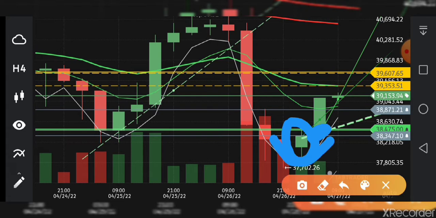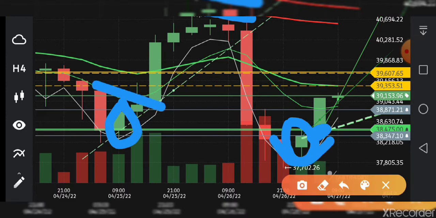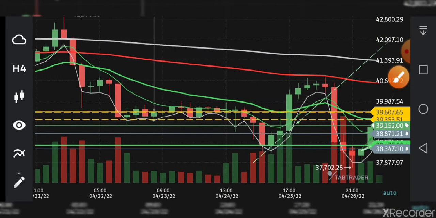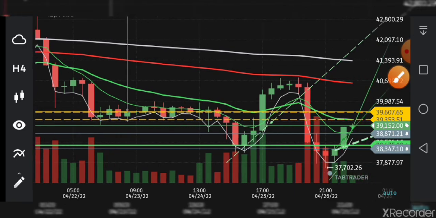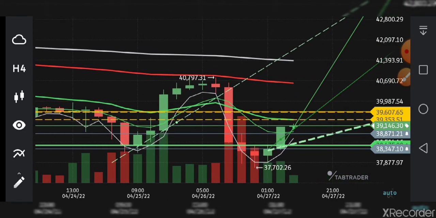This signifies that we need to look out for where we will buy, just like what happened here, right below the red line and the white line. Let me show you the white line here. You can see the white line right there. So that is it for the one day chart.